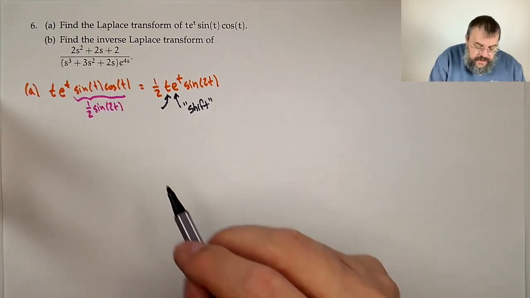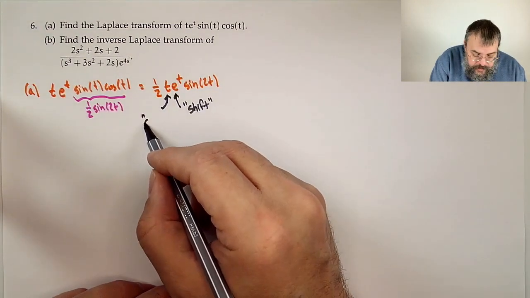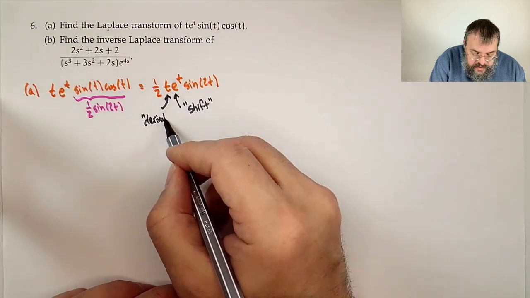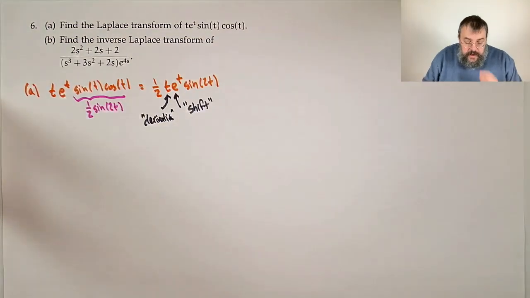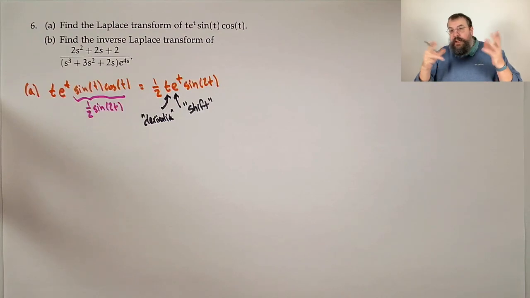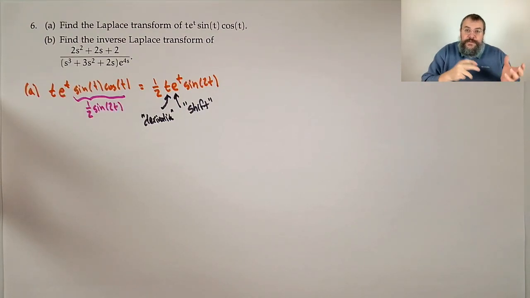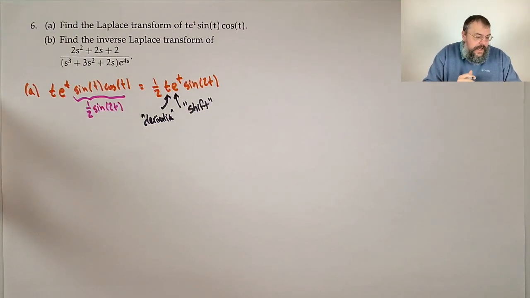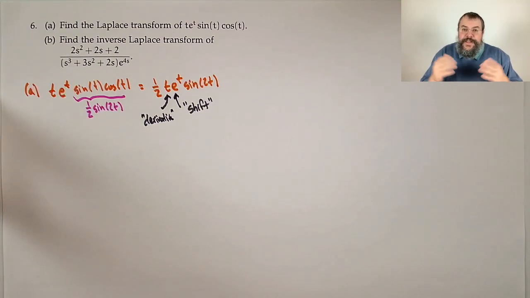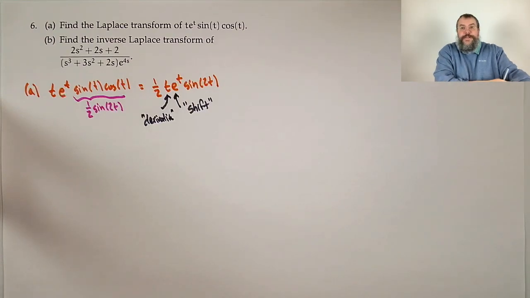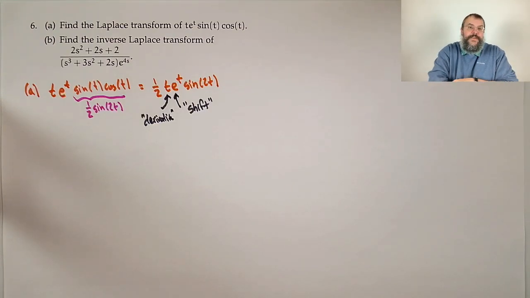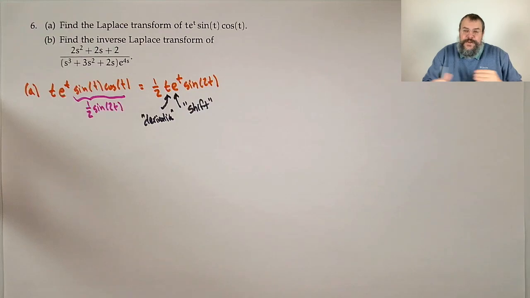So in essence, we have options. There are a couple things we can do. We could take sine, do a shift, do a derivative; or take sine, do a derivative, do a shift; or we say, hey, we have things like t sine at, we can do that, then do a shift. Or we have e to the t sine t, take that, then do a derivative.